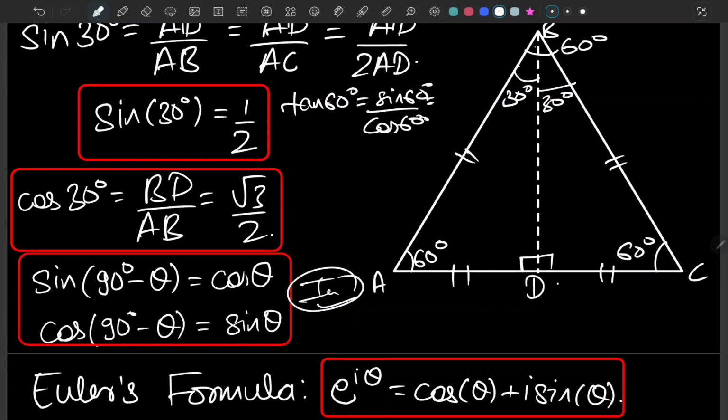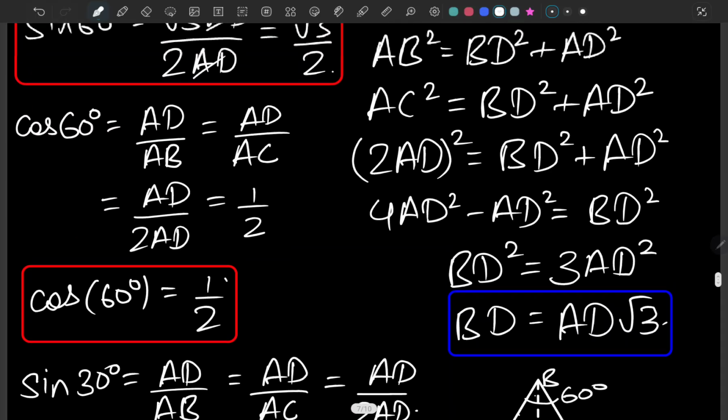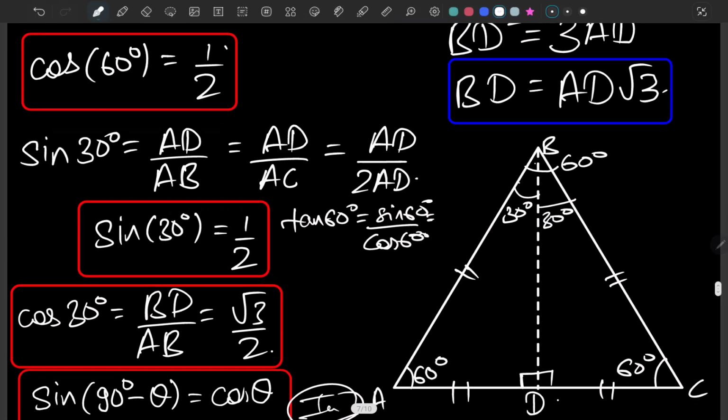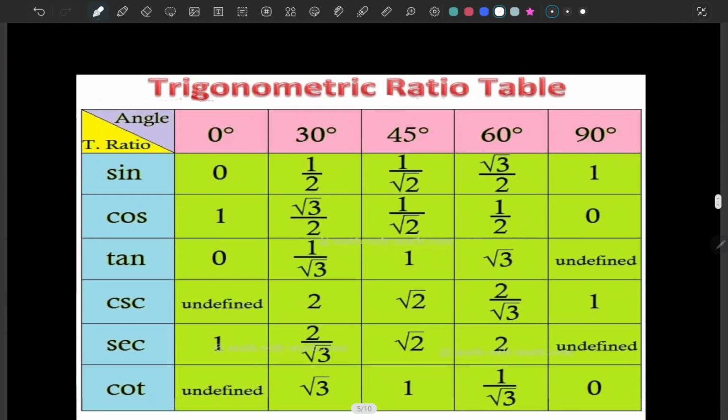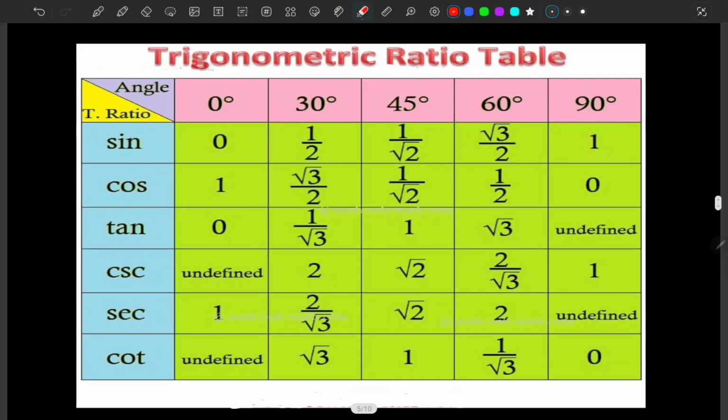Sine of 60 is square root of 3 over 2, and that over 1 over 2. So 1 over 2 and 1 over 2 cancel out, and we are left with the square root of 3 only. Similarly, tangent of 30 is sine of 30 over cosine of 30, so it comes out to be 1 over square root of 3. And yeah, I think it's done, and it was quite good.